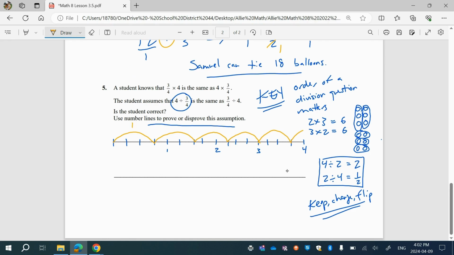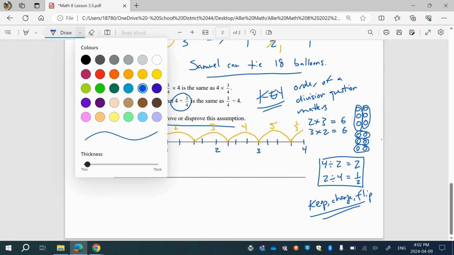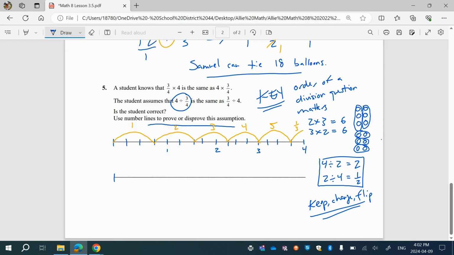So that's 1, 2, 3, 4, 5, and that's 1 out of the 3 quarters. So that's actually a third. You might be tempted to say it's a quarter. It's not. It's 1 out of the 3/4. It's 1/3.